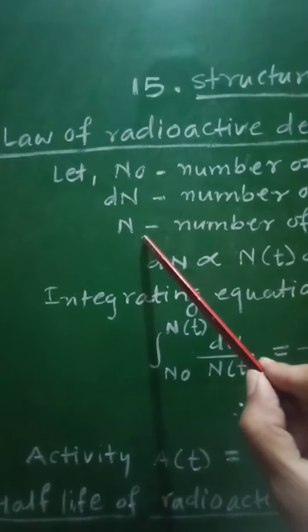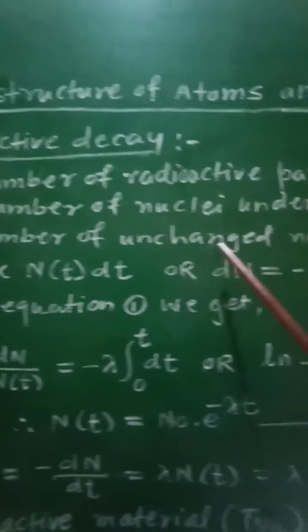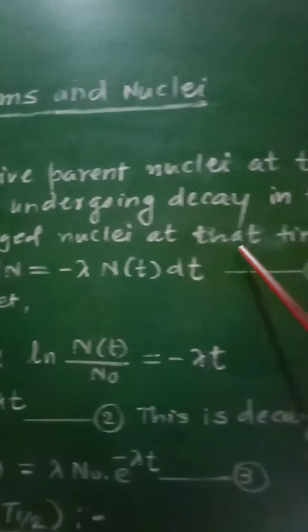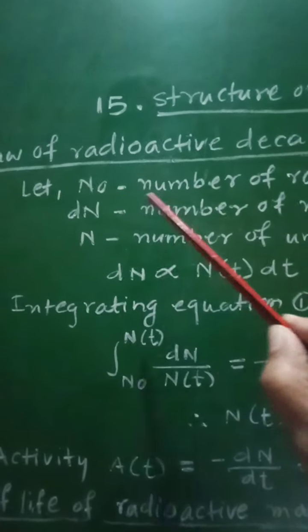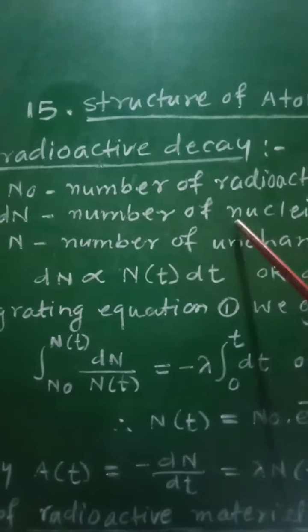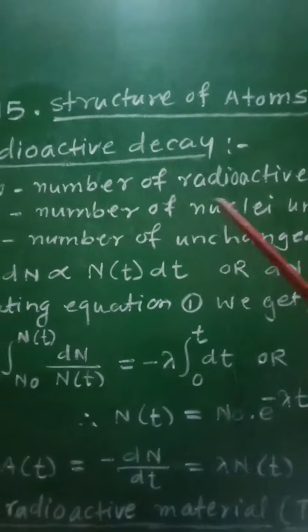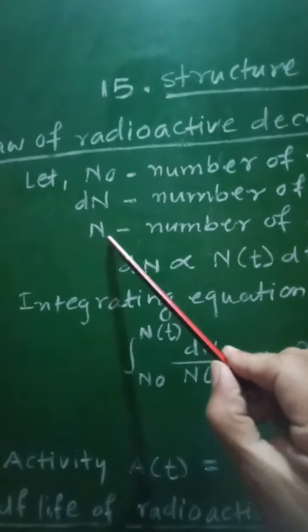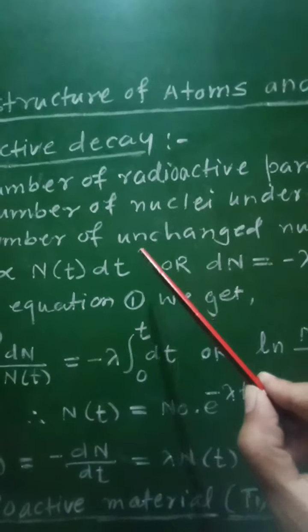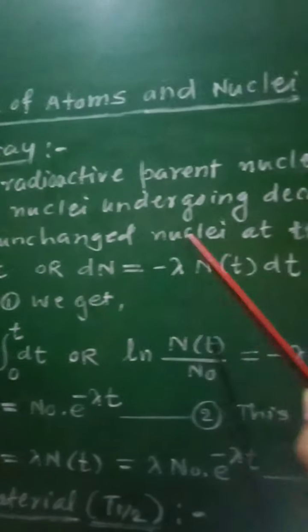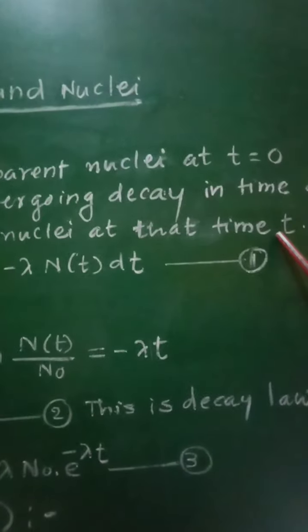Let N represent the number of unchanged nuclei at that time t. So when dN number of nuclei have undergone disintegration or decay, after that N number of nuclei remain unchanged, that is N number of nuclei are present at that time t.